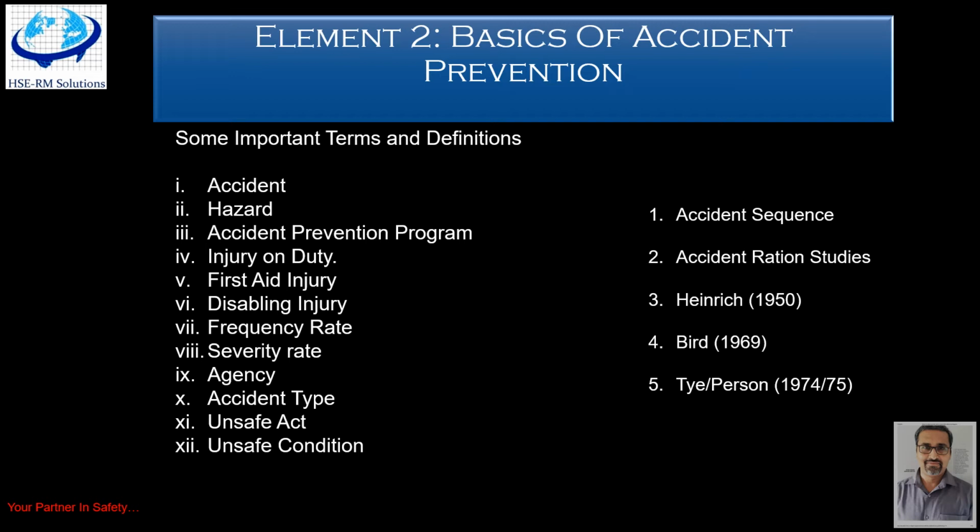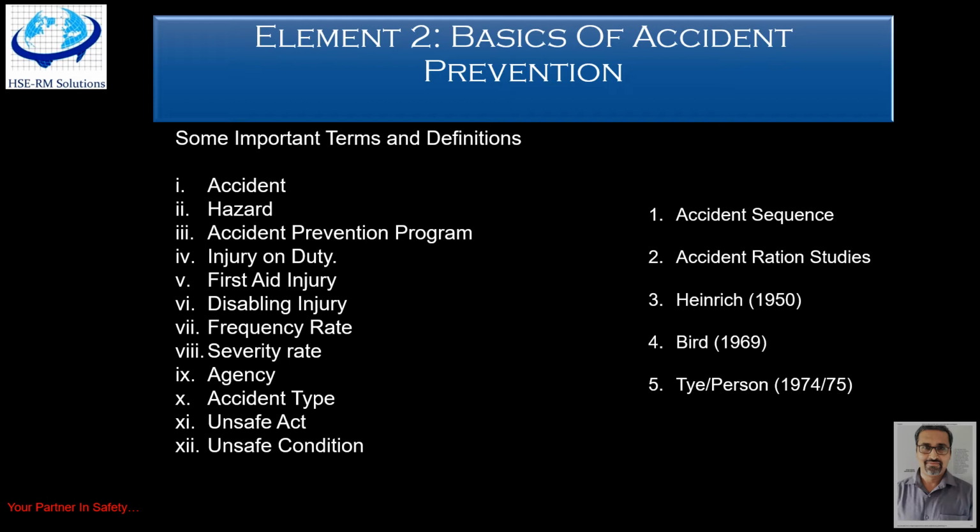Now, disabling injury. Any injury that causes disablement beyond the day or shift is called a lost time injury. So what is a disabling injury? This is the very big question. People ask, "Hey, what is LTI?" So what is LTI? Disabling injury. Any injury that causes disablement beyond the day or shift. That means one shift, not 48 hours or 24 hours.